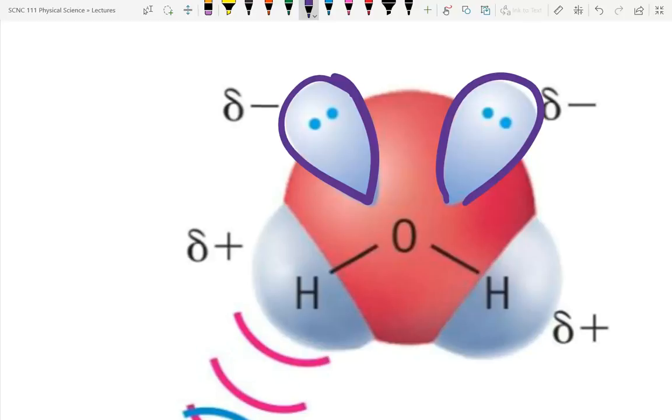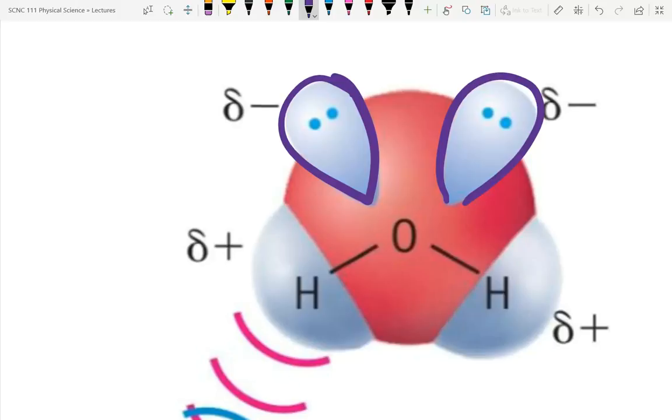You know what? That's not going to happen. That angle is pretty well specified because of those lone pairs of electrons on the water or the oxygen molecule. And the only thing that's going to change that angle is if you make it hotter. If you make it hotter, what does temperature correspond to?